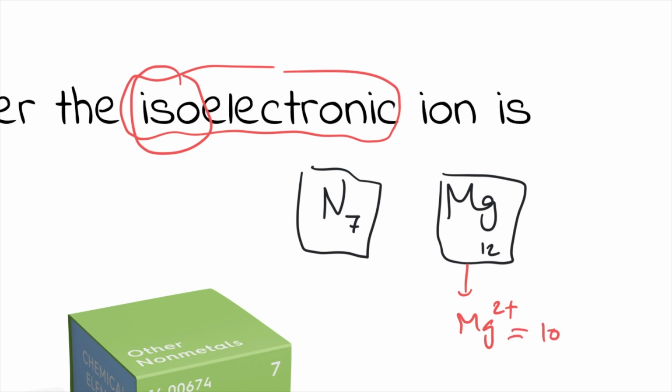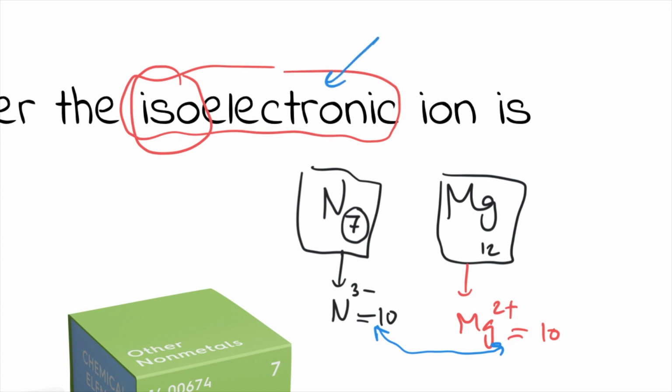What about nitrogen? Nitrogen has 7 electrons. The nitrogen ion is N3-, so that makes the total number of electrons for nitrogen also 10. So such ions that have the same number of electrons, what do we call them?